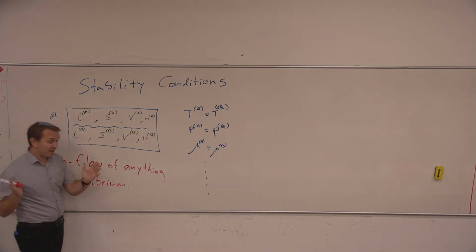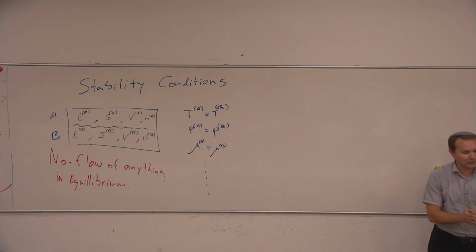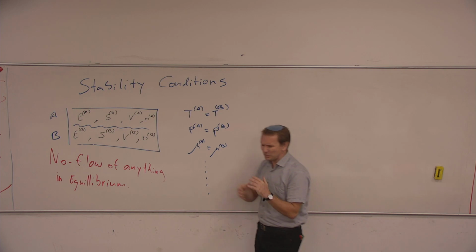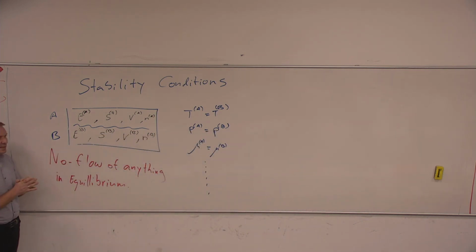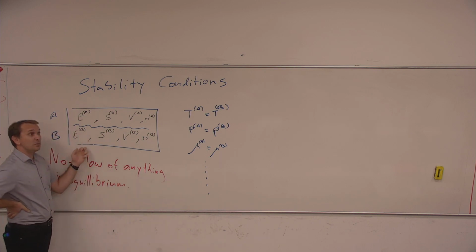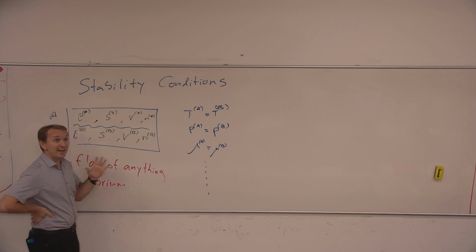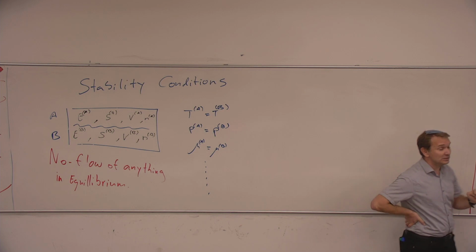But if any one of you will go to an advanced class on statistical mechanics, we won't describe those conditions for the microscopic world, but we go even further, and even for the microscopic situation, we define equilibrium as a situation when nothing flows, even on the microscopic scale.